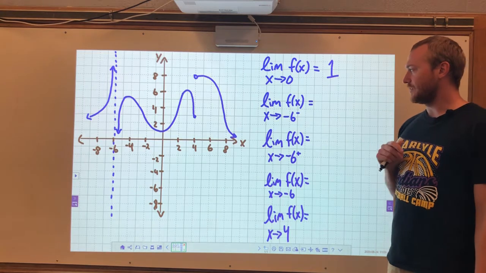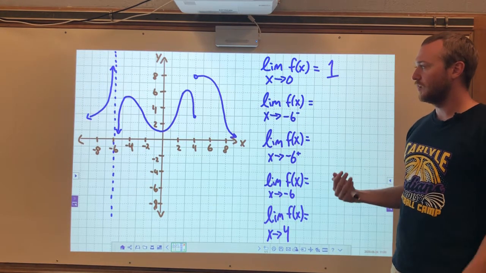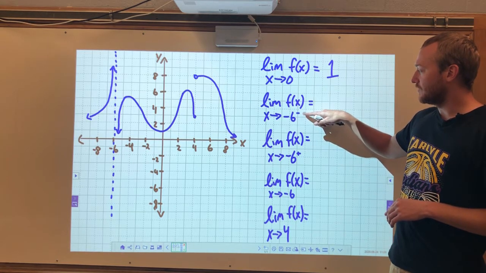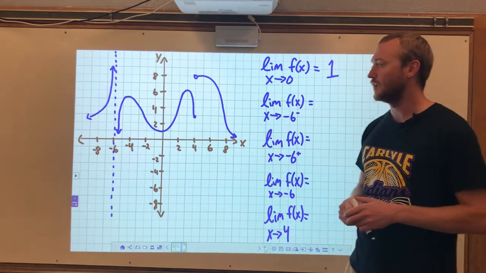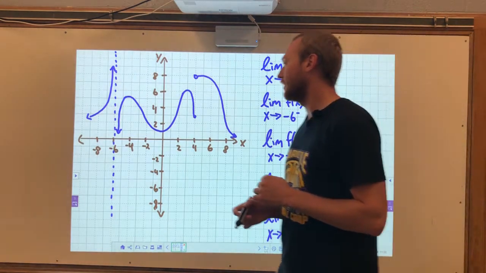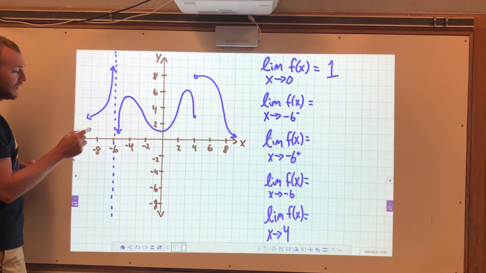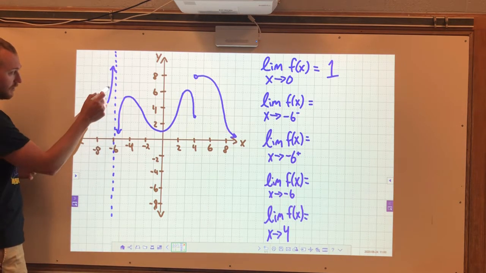Let's jump down to this next one. Limit of f of x as x approaches -6 from the left-hand side. Remember, what seems like an exponent of just negative means we're approaching whatever value from the left-hand side. So over here at -6, we're approaching -6 from the left-hand side. That means we're using this part here.